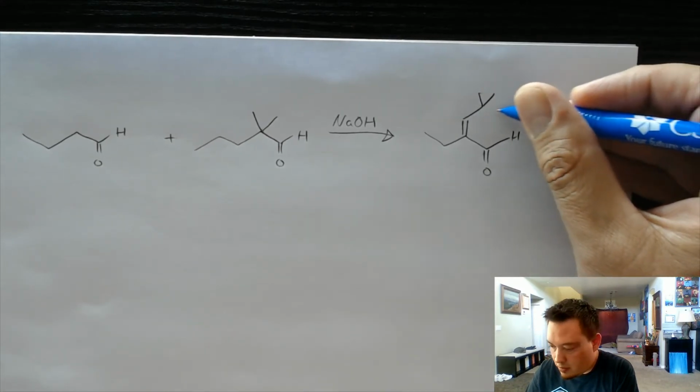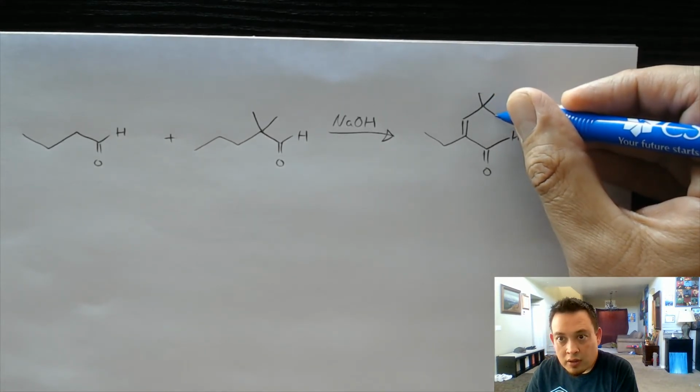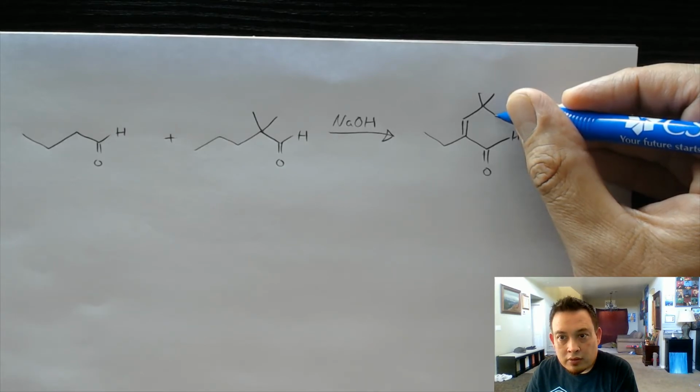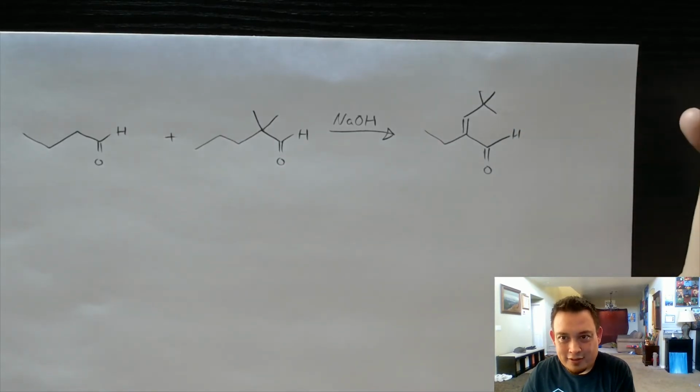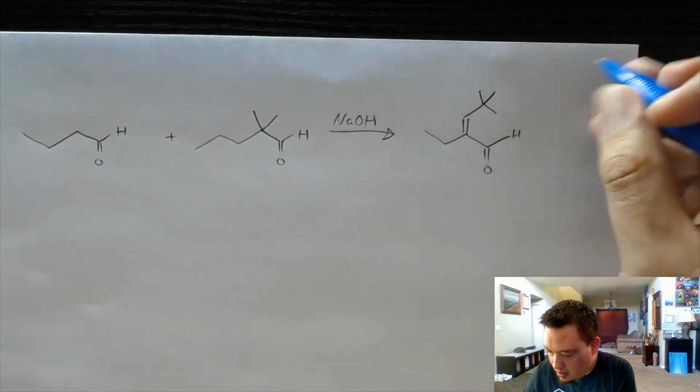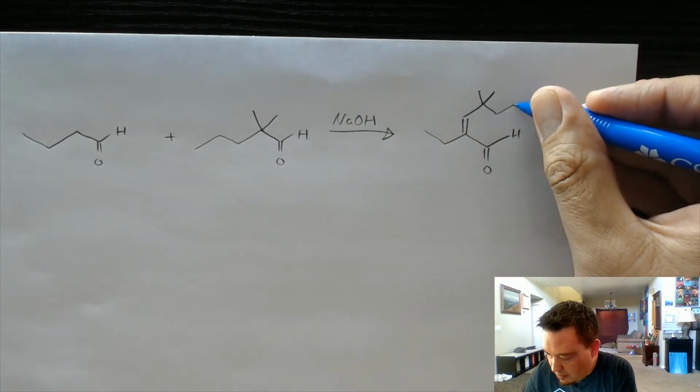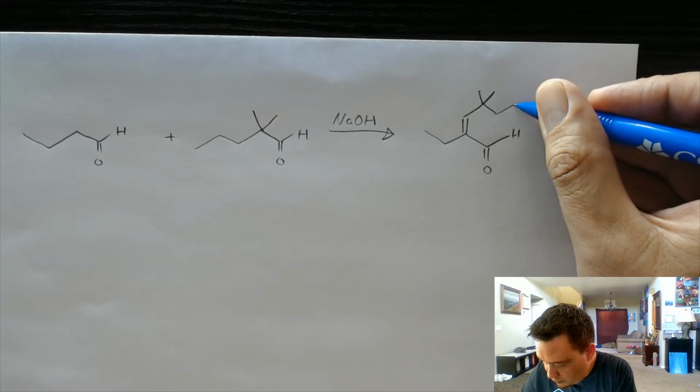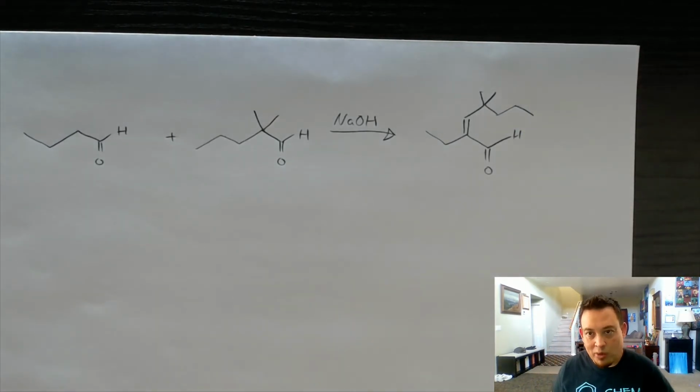Hey, Professor Moore, they didn't do the condensation as the product. Why not? I don't know, it's not giving you your choices on the answer key. So in that case, where would the OH be at?